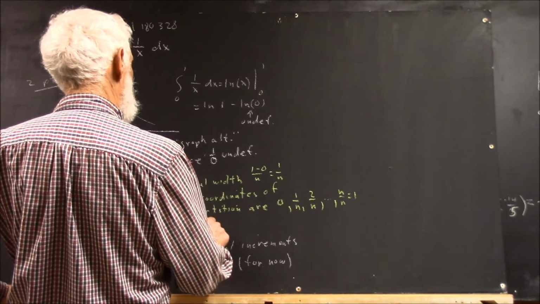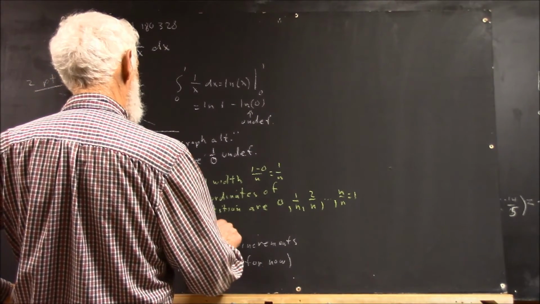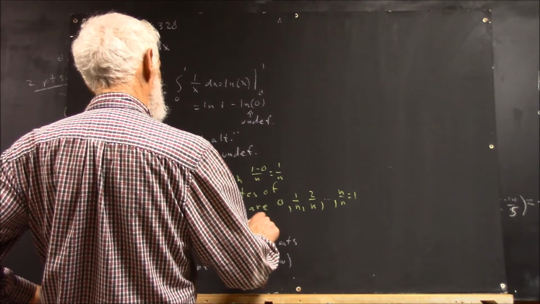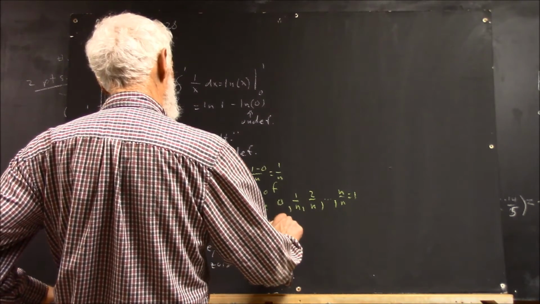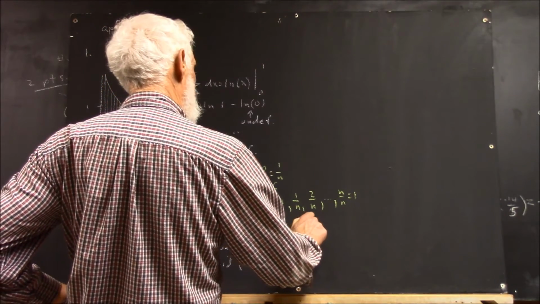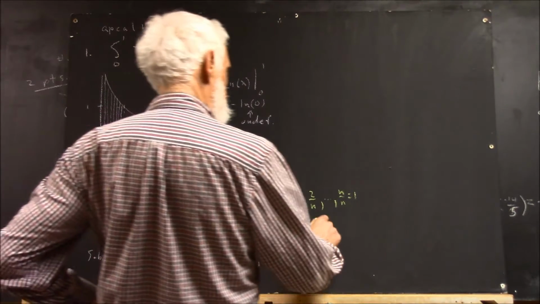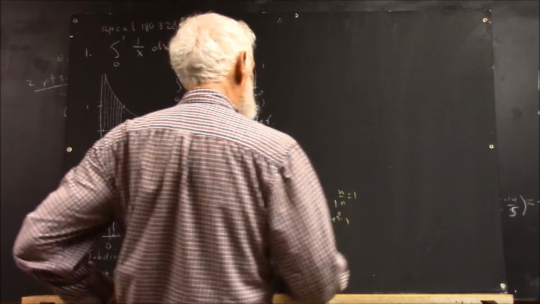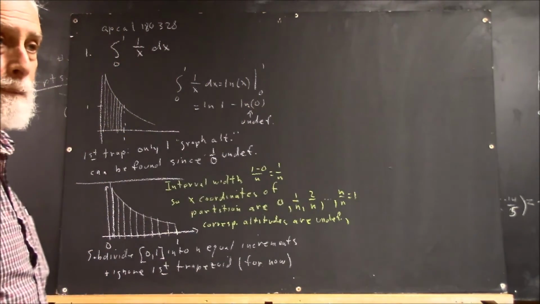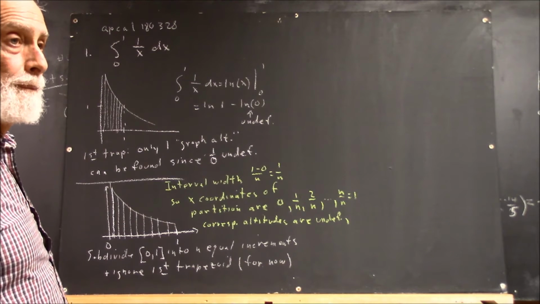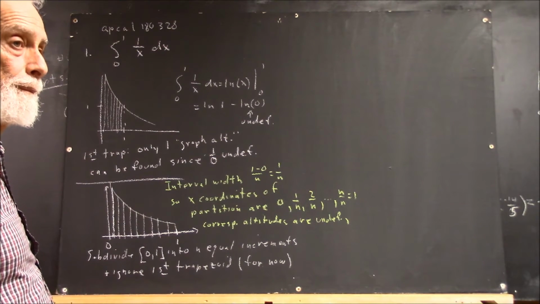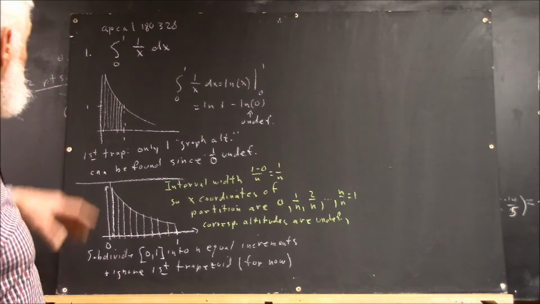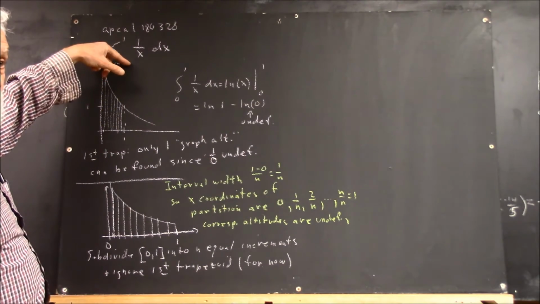So the corresponding graph altitudes are what? Well, the first one is undefined. What's the second one? The function is 1 over x, right?